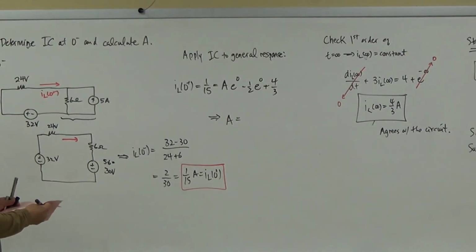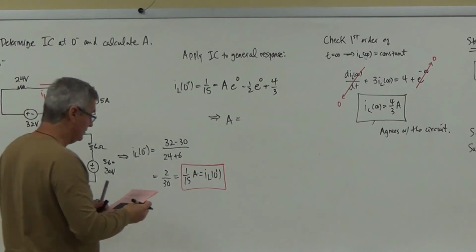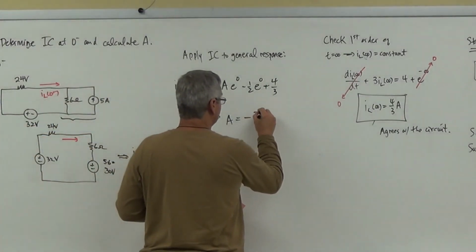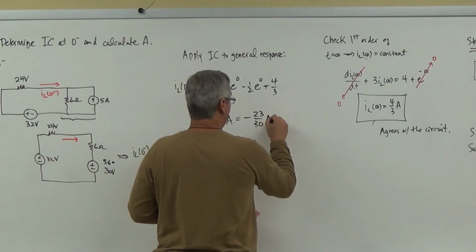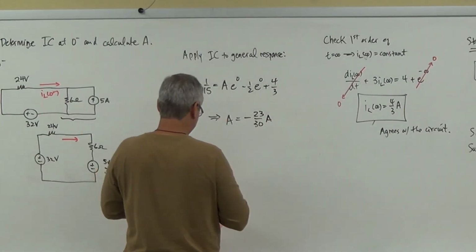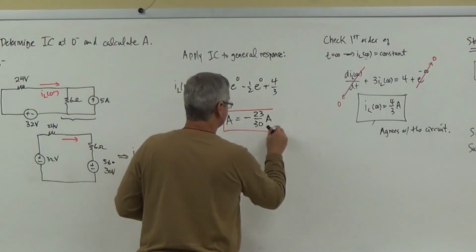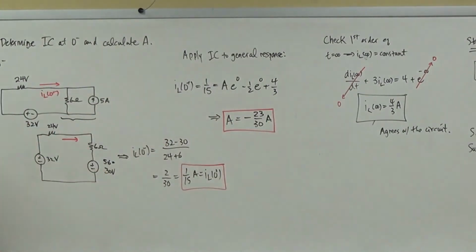What value do I get for A? I get a value of A that's minus 23 over 30, and this would be amps. So now I have my solution to this thing.